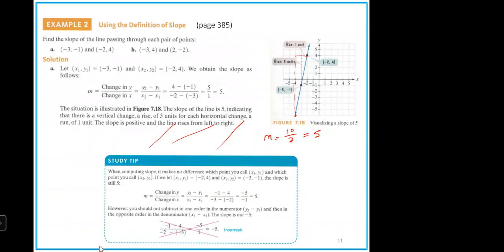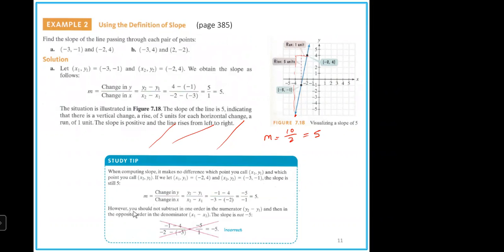Okay. Now, I prefer to use the leftmost point as my start and the second point to the right as my second or ending point. But you don't have to. You could do the reverse, it's up to you, but just be consistent with whatever you're doing.